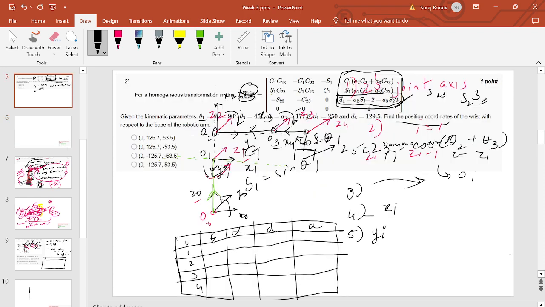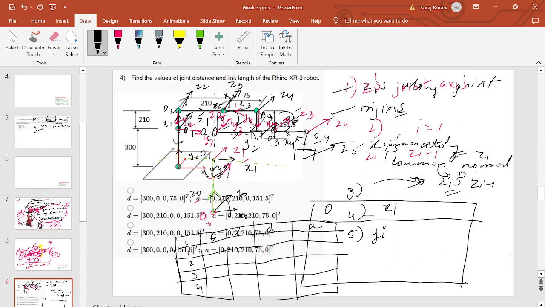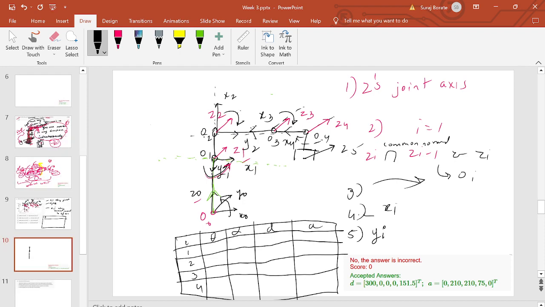Okay, so let's go to the question. They have said to find the values of distance and link length. But let's find all the DH parameters, not just this. They have given some values to us: 300, 210, 210, and 75. So let's put that.